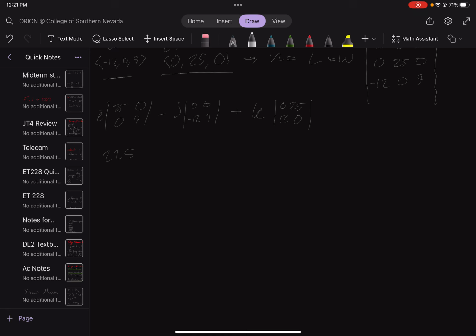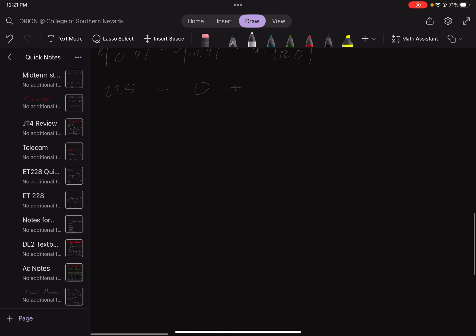Excuse me. And then 0 times 9 is 0, 0 times negative 12 is 0, so that's 0. And then 0 times 0 is 0. So 25 times 12 is going to be, well, we already know 25 times 4 is 100, so it's that three times, so it's 300. So there's our n vector.